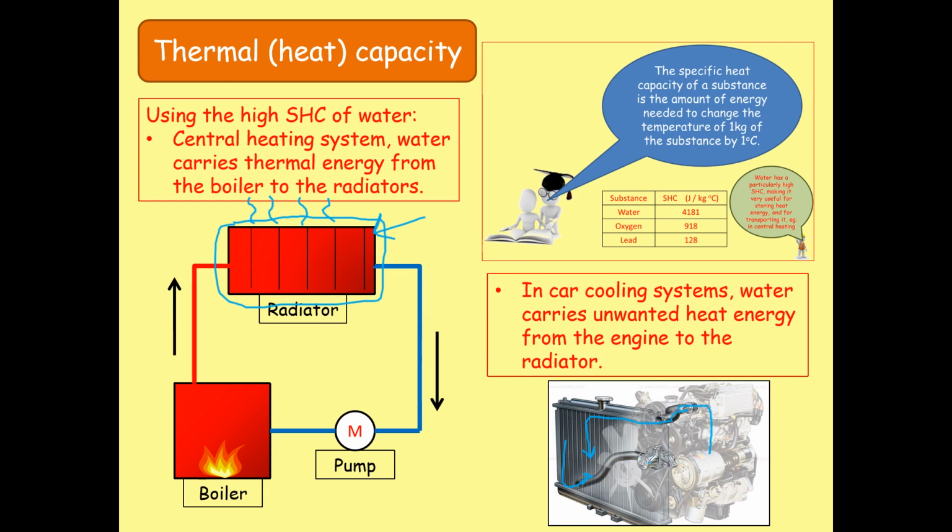For this we have this pump which forces the water to run through this closed loop system, right? And this is due to the high specific heat capacity of water that we have discussed previously, right?